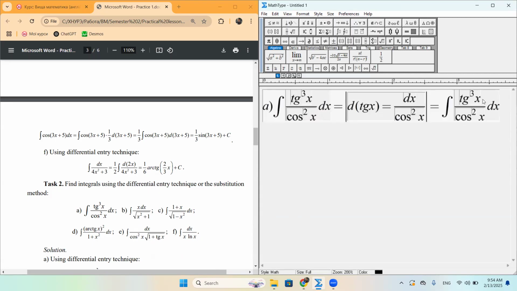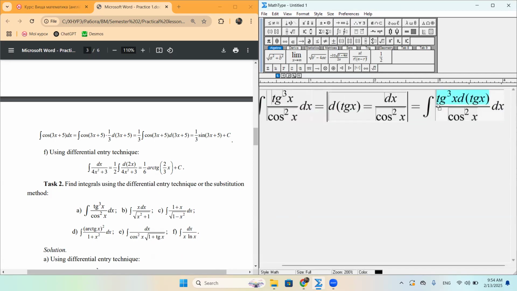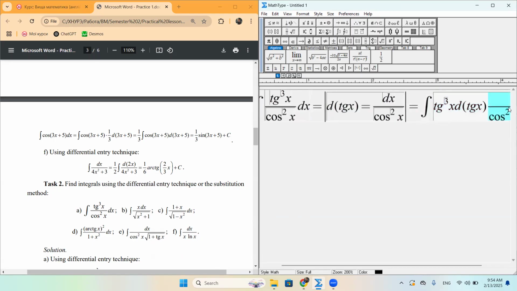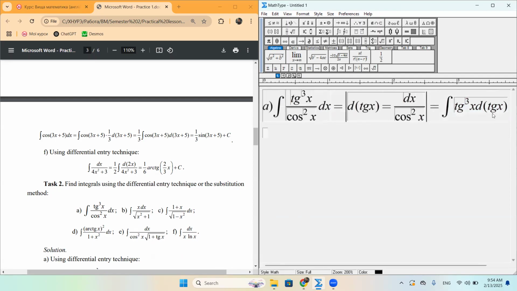And what will we receive now? So now we just have a kind of power function. Let me make some small spaces, just not to get confused.